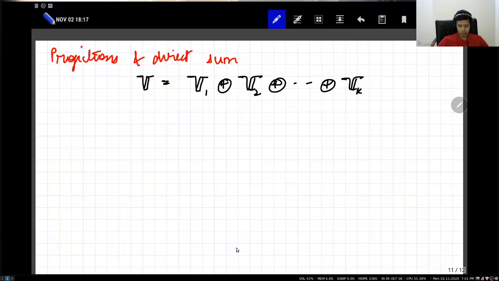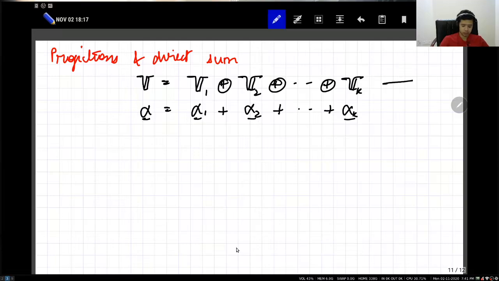So this direct sum decomposition implies that every vector alpha in, say, Rn can be uniquely written as alpha 1 plus alpha 2, so on, plus alpha k, where each alpha i is from Vi. The alpha i's are unique for a given alpha.